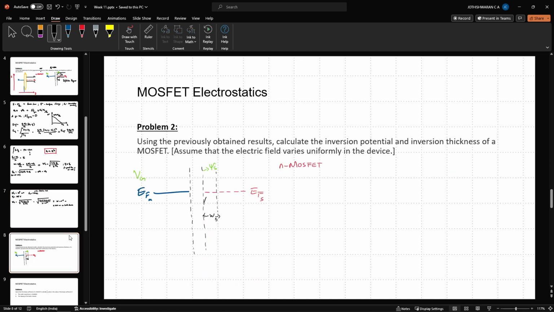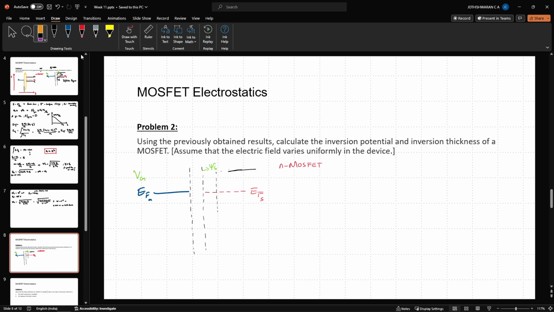When my device has undergone inversion, whatever height I have above here is the difference between the Fermi level and the conduction band. Initially, through the process of bending, I would like to go to the exact opposite of that, which is why I refer to this as inversion.